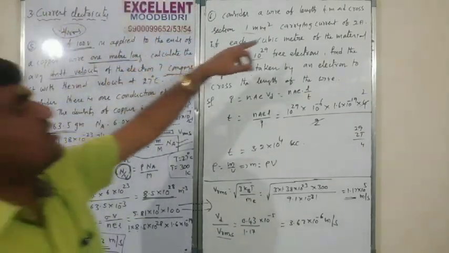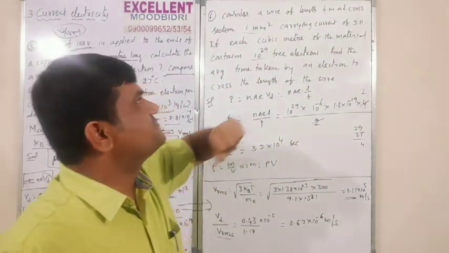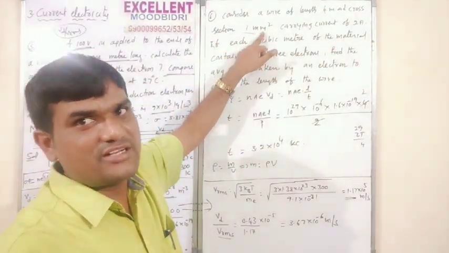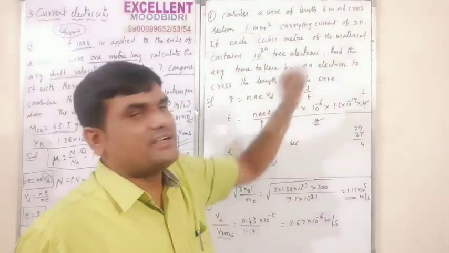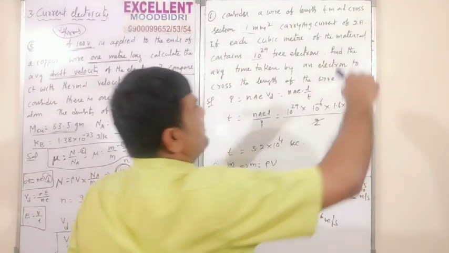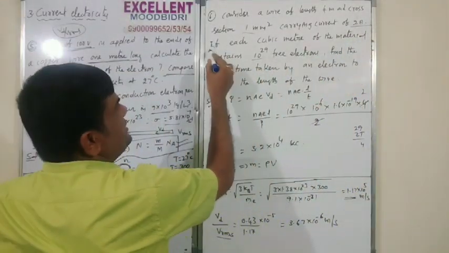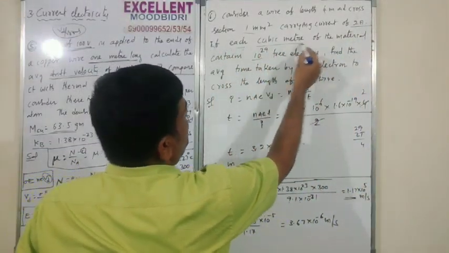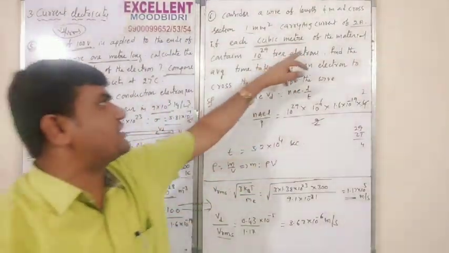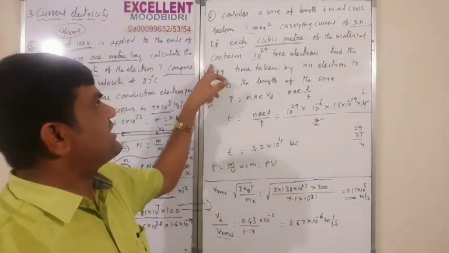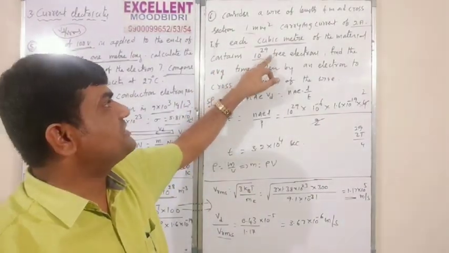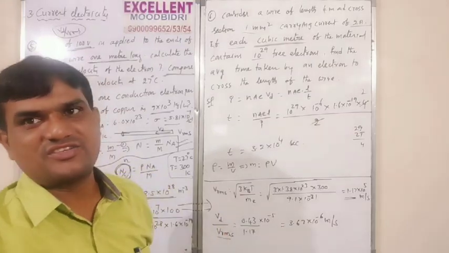Consider a wire of length 4 meters and cross section 1 millimeter square, carrying a current of 2 amperes. And each cubic meter of material contains 10 power 29 free electrons.